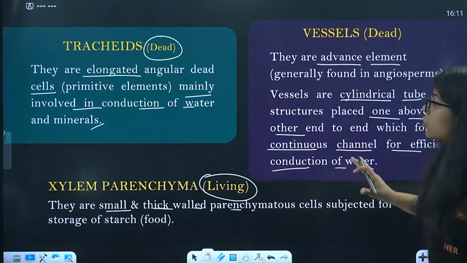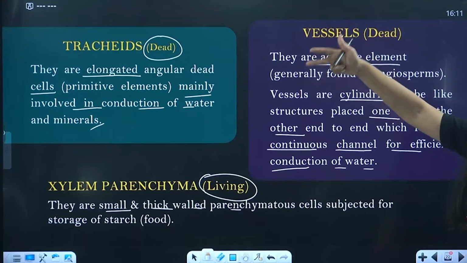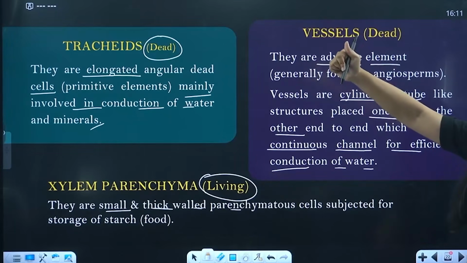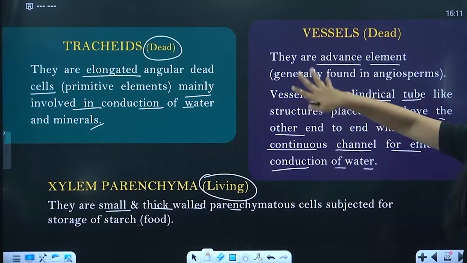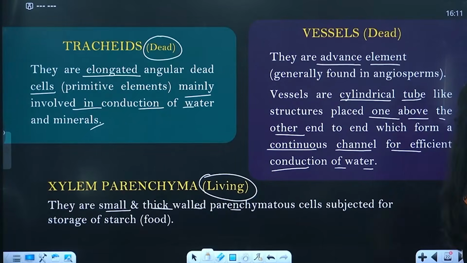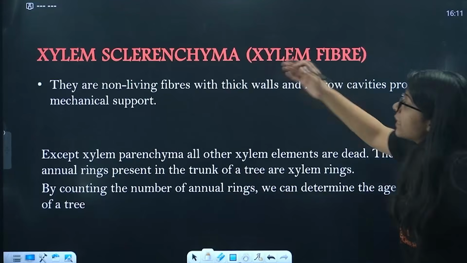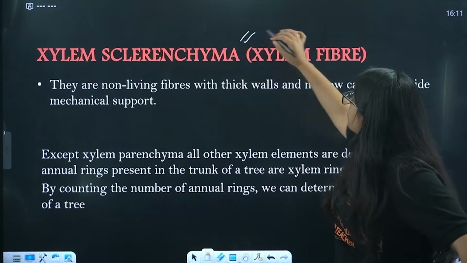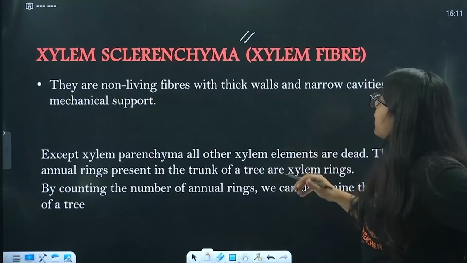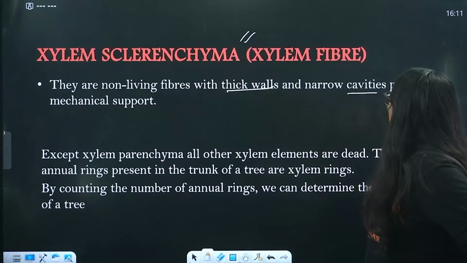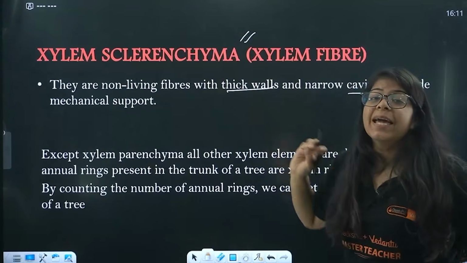Done? So among tracheid, vessel, and xylem, parenchyma is the living part, because that stores food. All others are just conducting water. The next is xylem sclerenchyma, which we also call xylem fiber. Both are true. It is a non-living fiber with thick walls and narrow cavities that provides mechanical support.